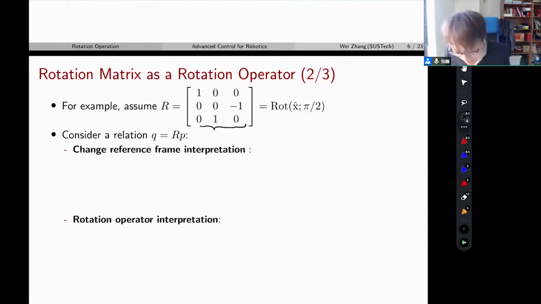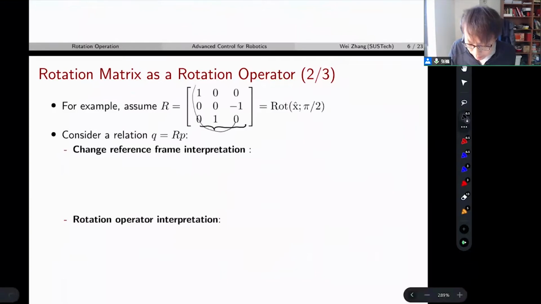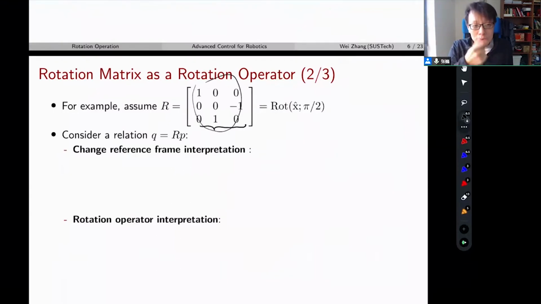I gave these few numbers. This is a rotation matrix, right? Yeah, this is a rotation matrix. It can be used to represent the orientation of some frame relative to another. If I give these numbers, what the meaning of these numbers is really up to you. Here I can think of this as the orientation of one frame relative to the other.